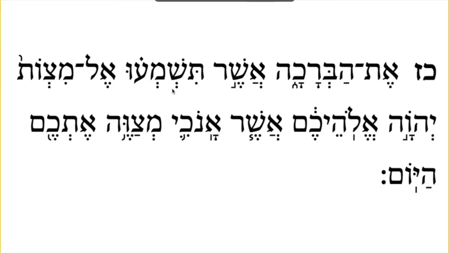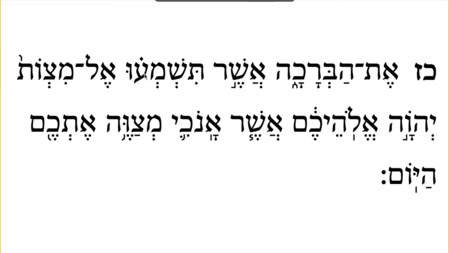Okay, and can you guess what this means? I'll give you a hint. Ignore the prefix, which is the tav, and the suffix, which is the u. Ignore the first and last letters, and you have just the shin, the mem, and the ayin. Shema, yes, Shema. It's like the word Shema. And listen, hear, do, observe. Yes.